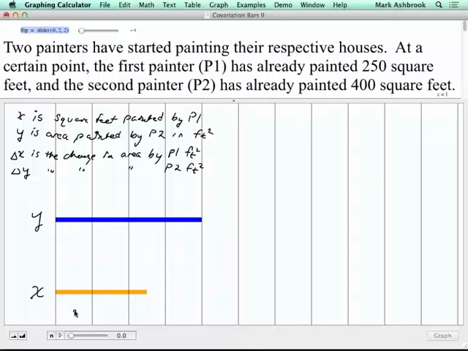We don't know. All we know is that we just have one point. Imagine a graph of this. All we're given is this one point, that when x is 250, y is 400. That's all we know. Okay, so I'm going to give you a little more information here. So here we are, 250 corresponds to 400.